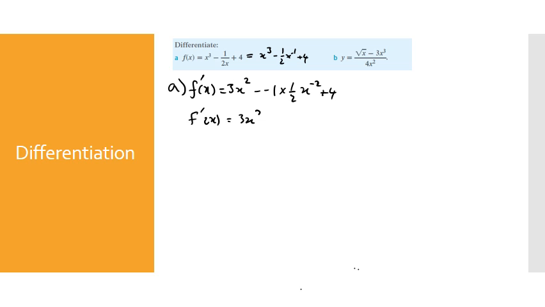Put all of that together. Now, normally you can stop here if you like. I'm going to change the power back so that it has a positive index. You don't have to. You should only do it if you're required, but that's how you would do it.